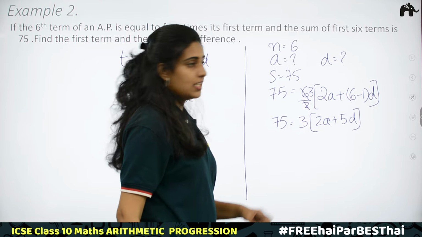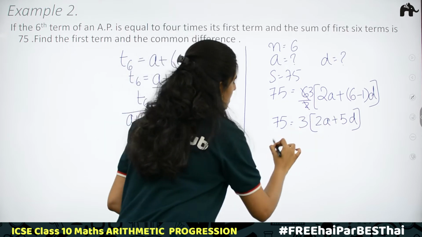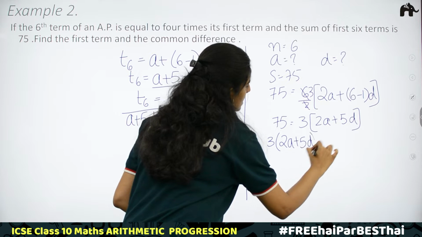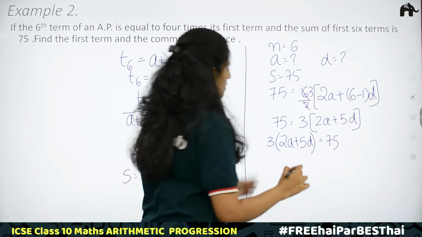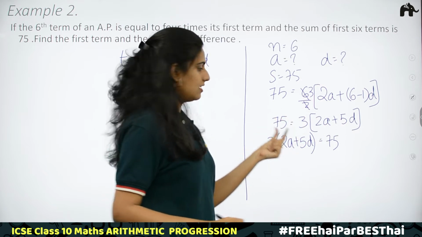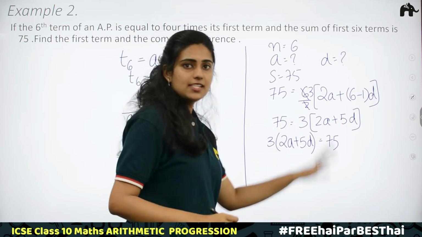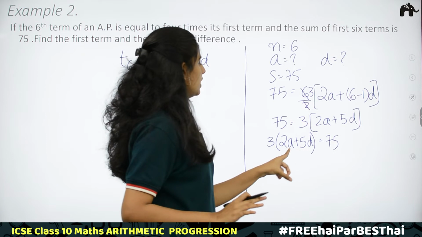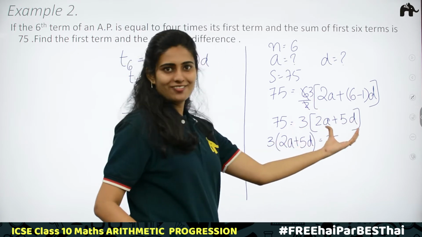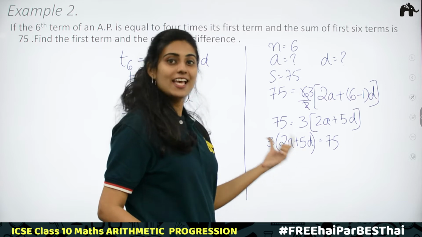Okay. Now, this can be written as 3 into 2a plus 5d is equal to 75. I am just taking this to the opposite side and this to the LHS. Then the negative signs can be removed. It looks good only when we take the variable containing terms to the left hand side.